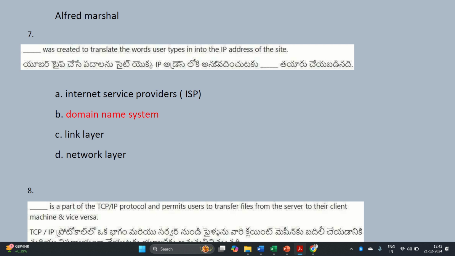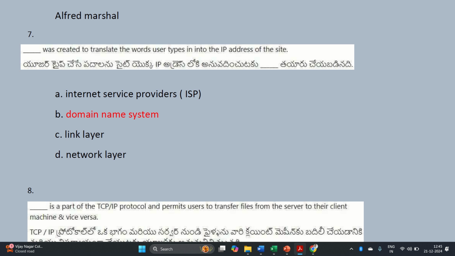What is the domain name system? The domain name system was created to translate the words a user types into the IP address of the site.